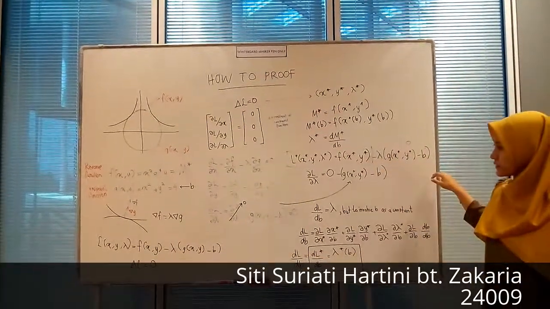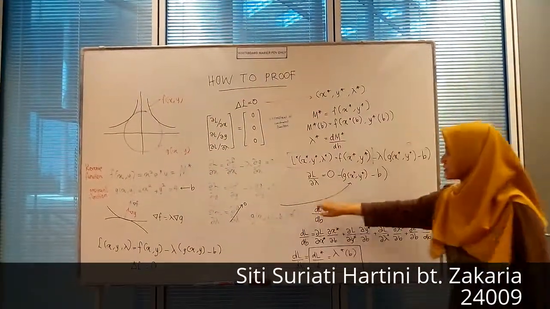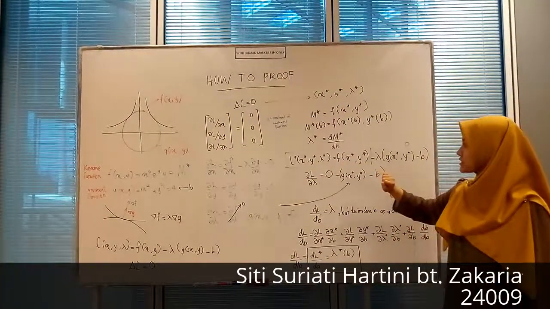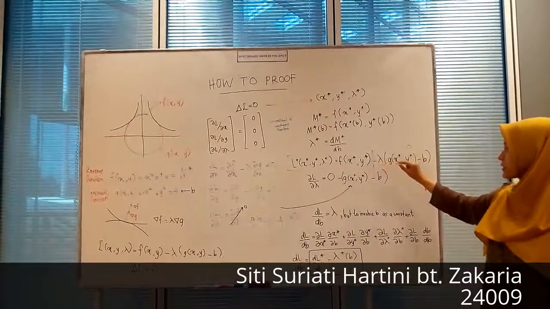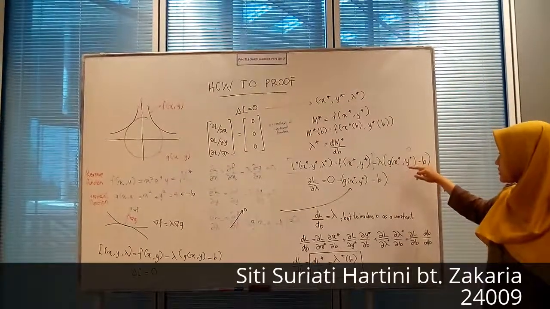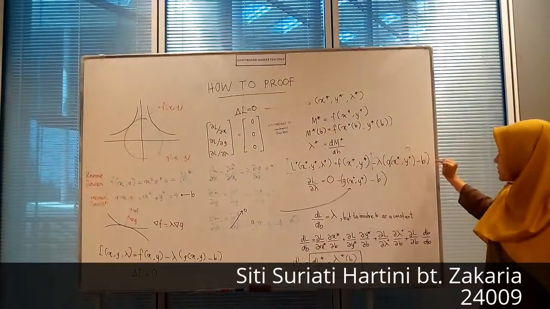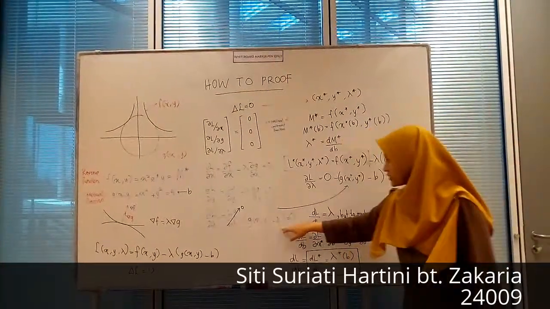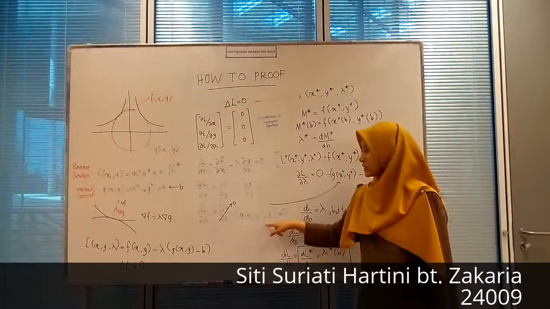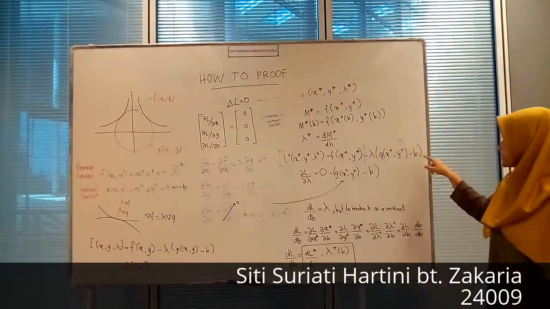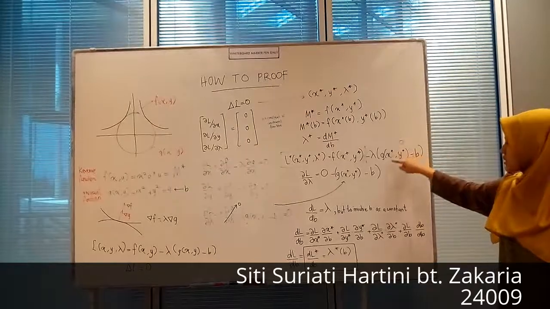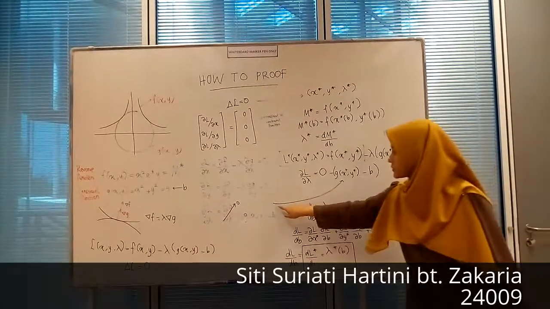The new equation from this is L star (x star, y star, lambda star) is equal to f(x star, y star) minus lambda star times g(x star, y star) minus b. From this equation, we can see that g(x star, y star) minus b is equal to 0, so we can cancel out this term.